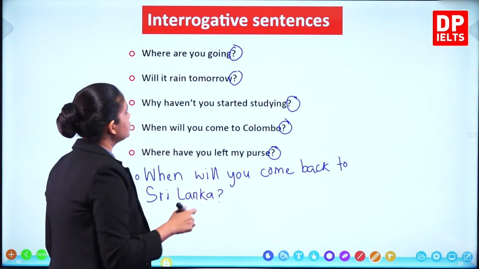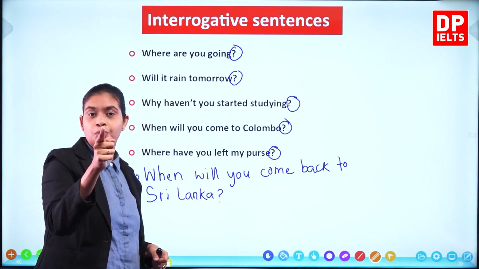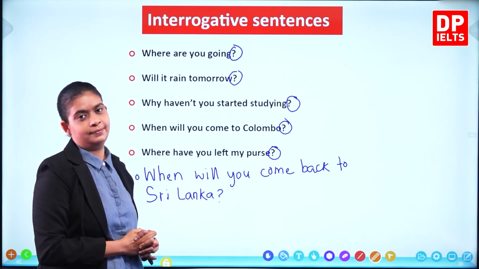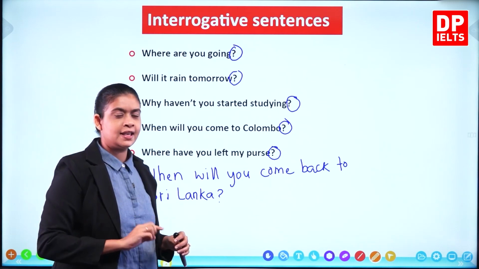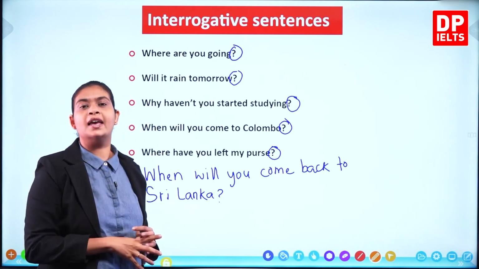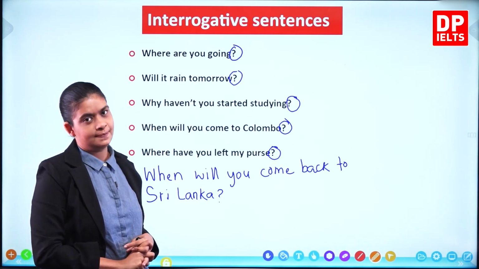Okay, so interrogative sentences, they ask you a question. Okay, and the way to identify that is the question mark at the end of the sentence.